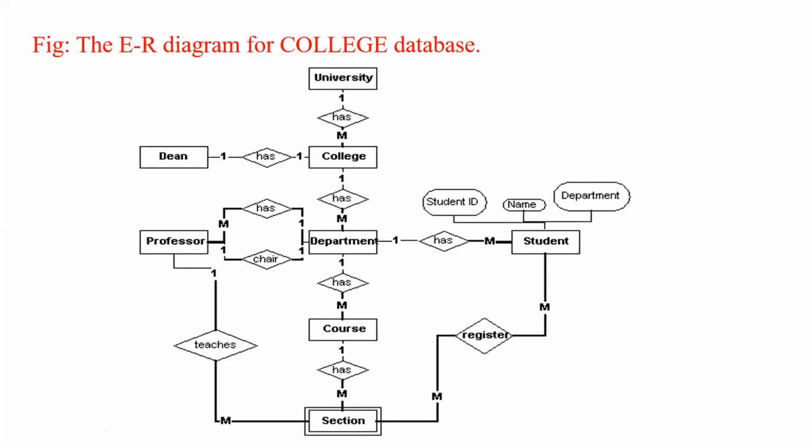Here you can see course. Course has sections. There is a relation between department and courses. Now department has students as related with department. So all this relationship is an example for ER diagram.